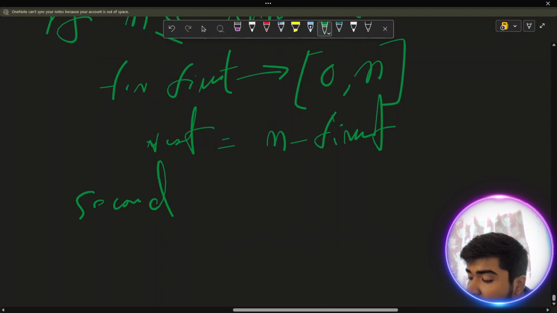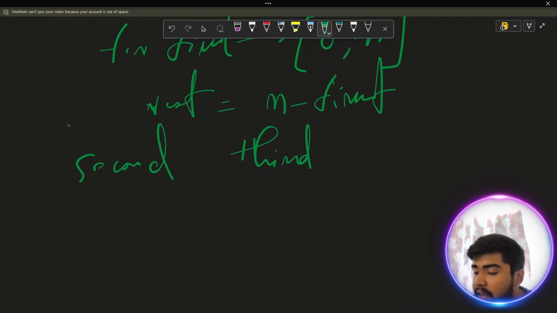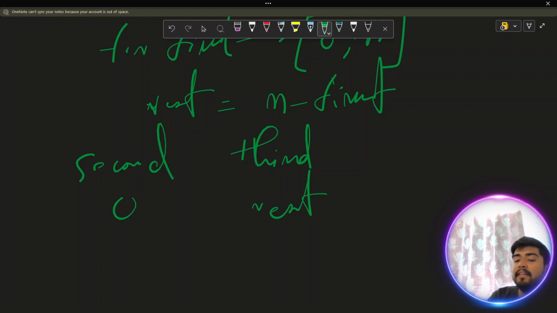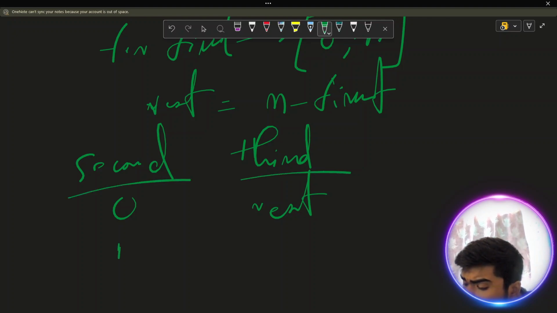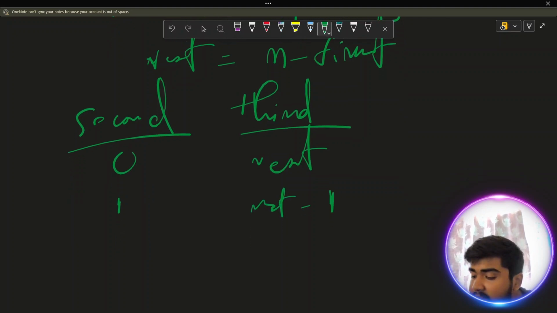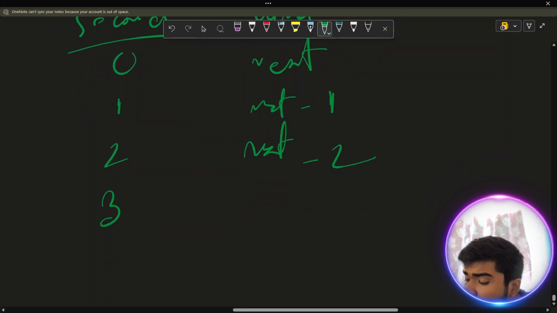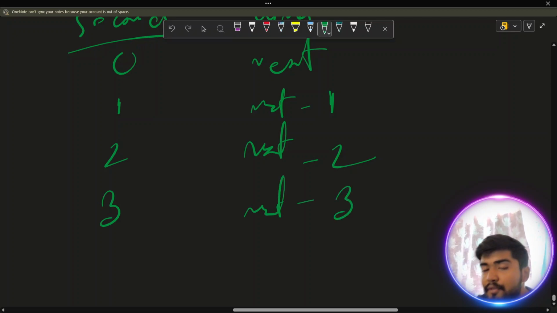Now let's define a table, one column for the second and one for the third child, right? Let's suppose I can assign 0 candies to second, and the rest of the candies, this is nothing but rest, I can assign all to the third. Or I can assign one candy to second and rest minus 1 to third, or 2 candies to second and rest minus 2 to third. Agreed? I can assign 3 candies to second and rest minus 3 to third.